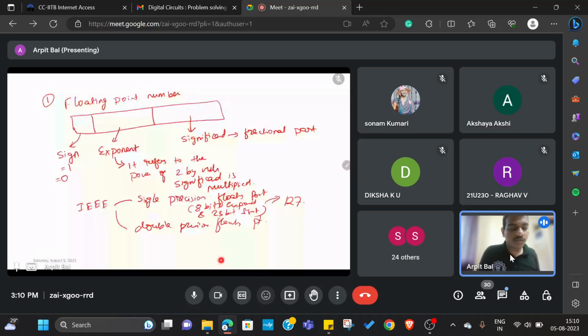So what is a bias? It is something that needs to be subtracted from the value in the exponent field to determine its true value.